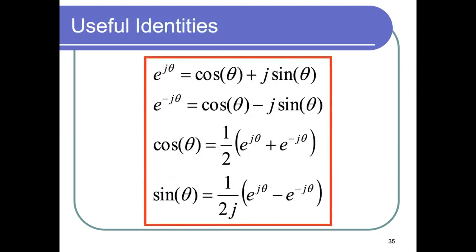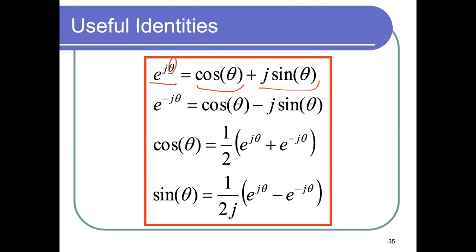All right. So we have here some useful identities from mathematics that we will use, and they will prove to be useful. So e to the power of j theta is simply cosine theta plus j sine theta. This is Euler's identity. Theta here is in radians, by the way.